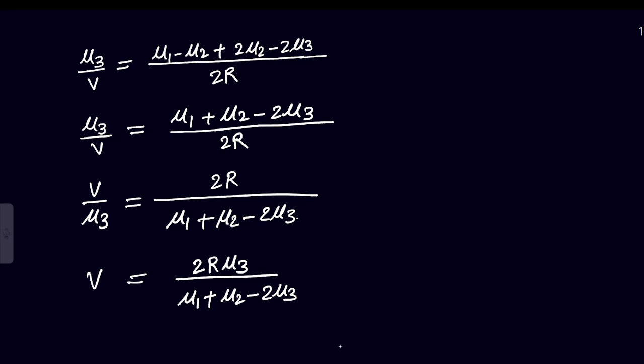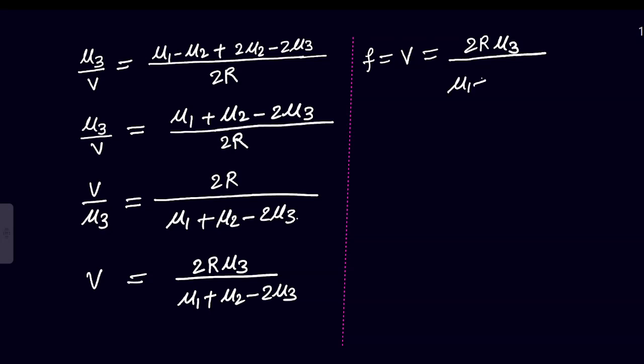So the focal length F is equal to V, which is nothing but 2R mu3 by (mu1 plus mu2 minus 2 mu3).